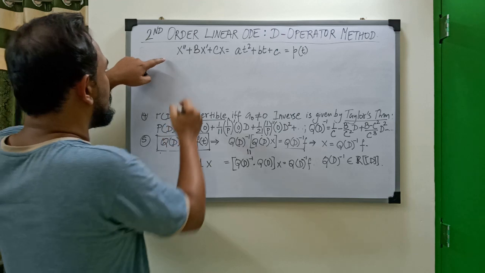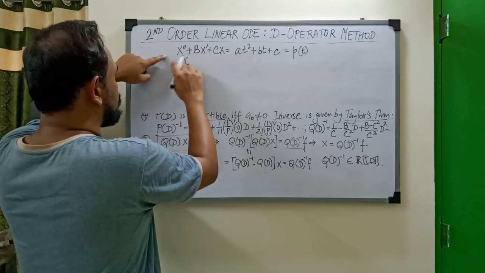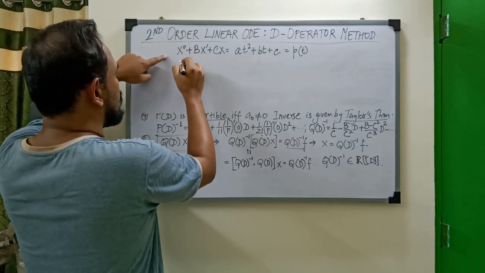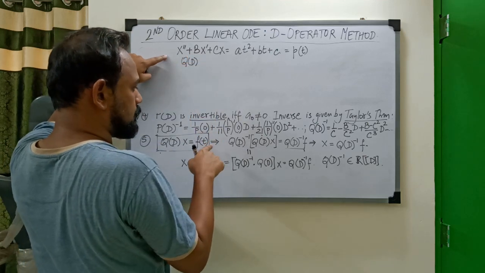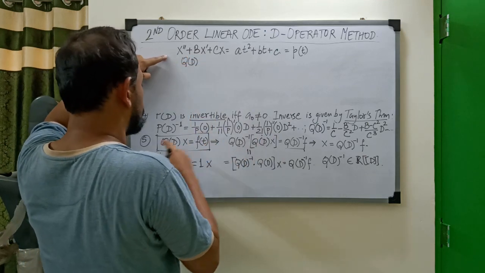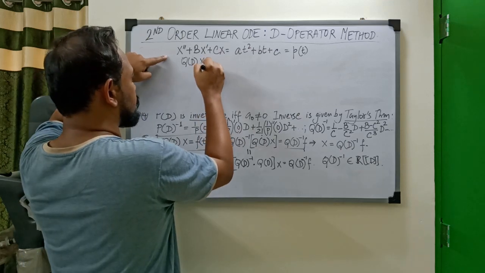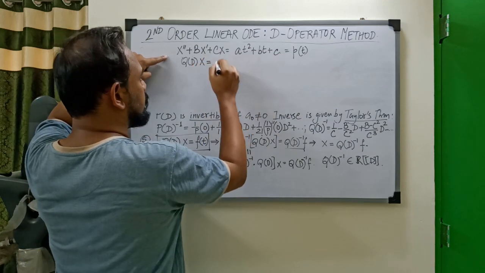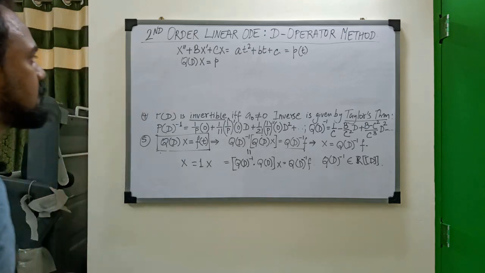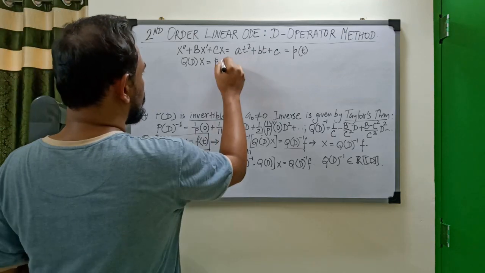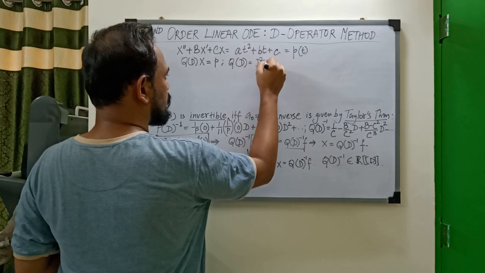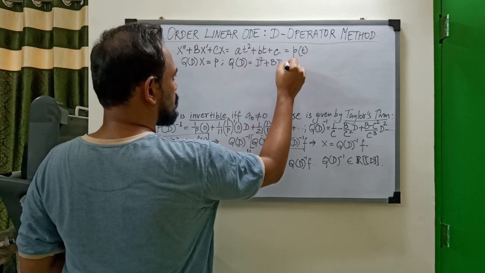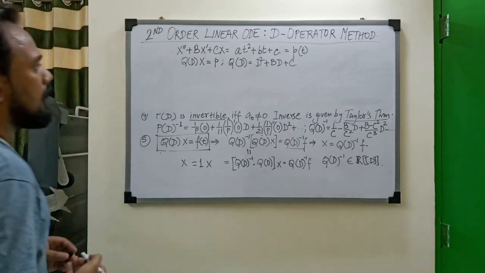Now, from all that we have understood, QD with exactly this Q, we've rubbed that out, QD x is equal to this p, the polynomial on the right, where QD was D square plus bD plus c.